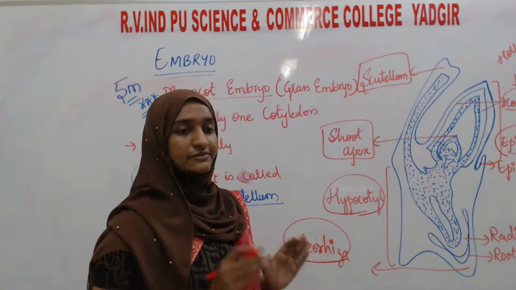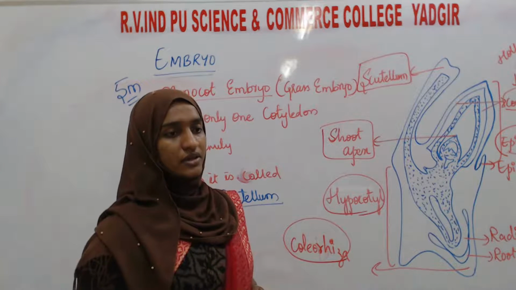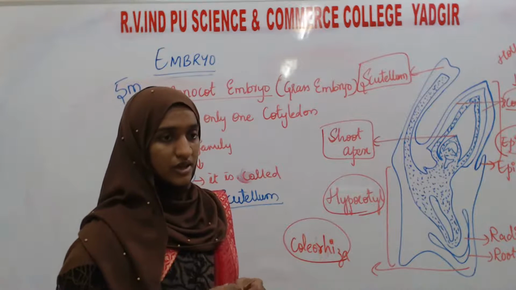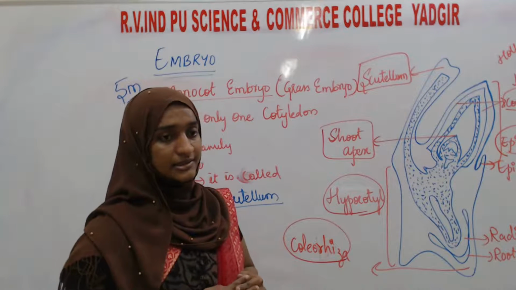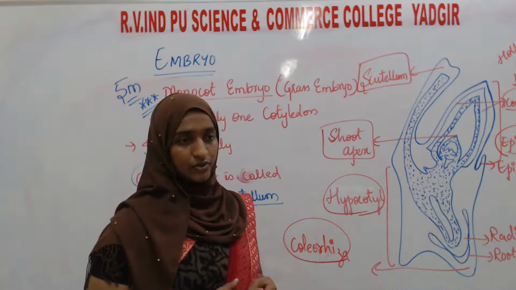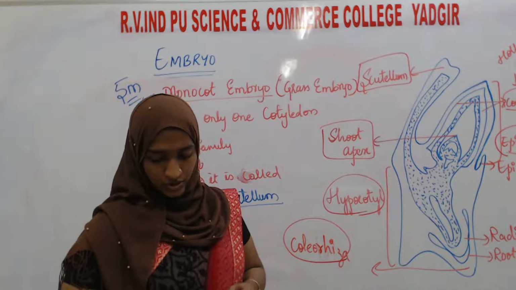Okay, epiblast is one of the coverings of the monocot embryo. So this is about the monocot embryo. Many times they have asked in the theory exam: draw a labelled diagram of the monocot embryo.